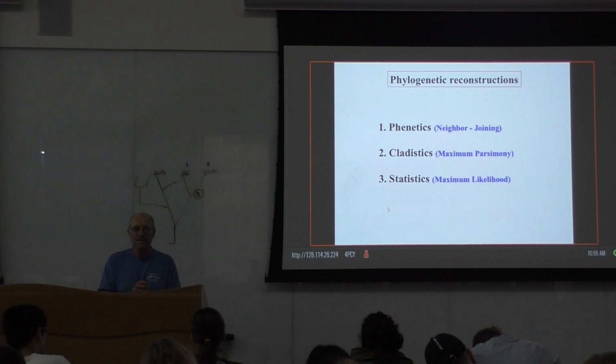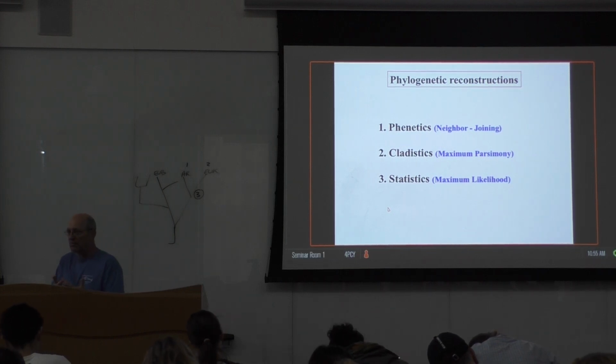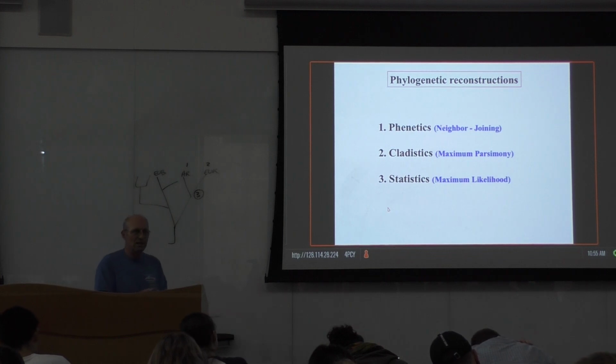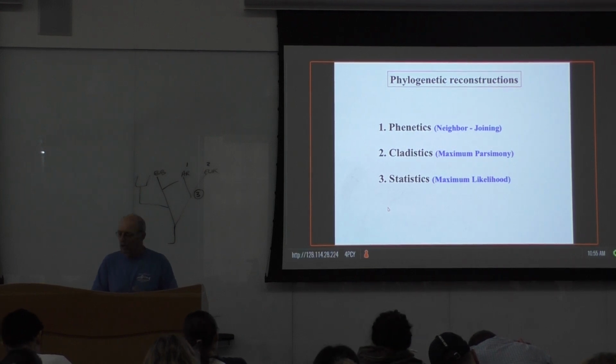Okay, this is great, but what we really want is an actual outcome. What we want is to see a tree. So how do we make a tree with all this information that we have so far? Now I'm going to give you some practical examples of how trees are made.